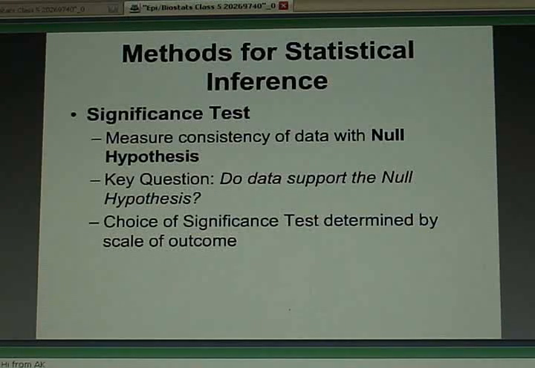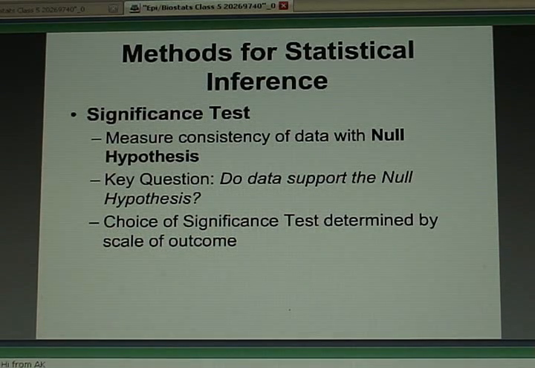And there are 2 ways we do that. The most common is something called tests of statistical significance. We do significance tests. What a significance test is, it's measuring the consistency of what you have in the data with a particular study or with a particular statement. If we go back to that previous large randomized trial, they wanted to know whether a lifestyle intervention or a particular drug, metformin, would decrease your risk of developing diabetes.